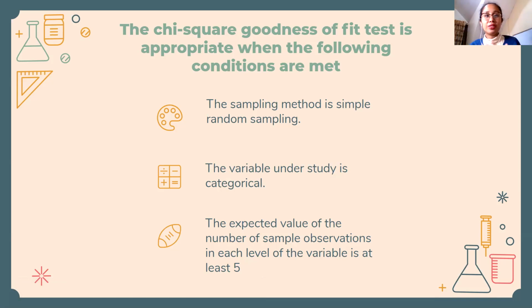And the expected value of the number of sample observation in each level of the variable is at least 5. Dapat more than 5 yung mga observation, kasi kung less than 5, hindi mag-work ang chi-square. So mga 4 lang, or 3, it won't work. We need a higher number of observations. So dapat mas malaki yung sample.